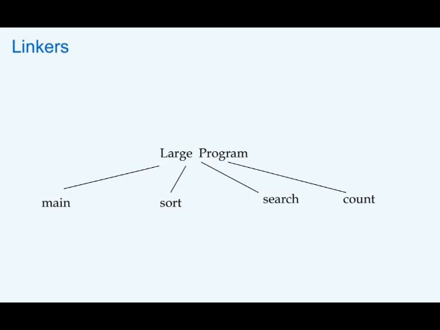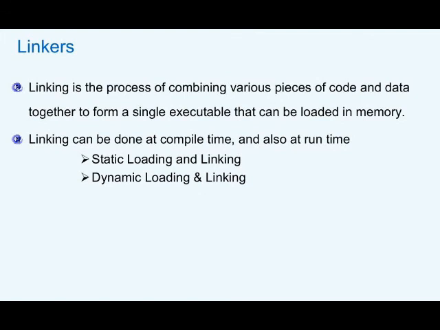Let's say there are 4 programmers who have written these various modules. To make it an executable program, wherever calls have been made by the main module to the other modules need to be resolved. This resolution will be done by the linker and it will generate the executable code.